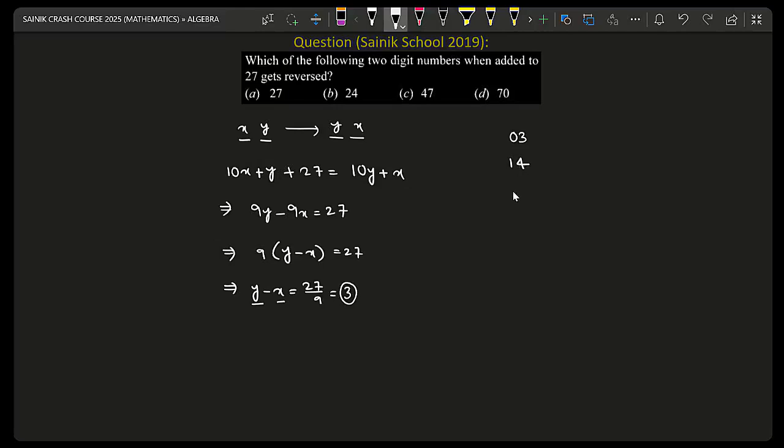If x is 2, what is y? 5. Similarly, you write all the possible numbers: 3, 6; 4, 7; 5, 8; 6, 9. That's it. We can write up to here only. So from all these numbers possible, which is there in our options? 47. That means option C is correct.